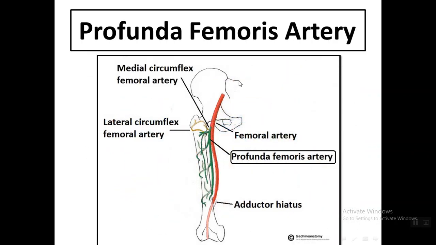Another source of blood supply to the medial compartment of the thigh is through the profunda femoris artery, or the deep artery of the thigh. This artery emerges from the lateral side of the femoral artery. As it emerges, it will give two branches: the medial circumflex femoral artery and the lateral circumflex femoral artery.